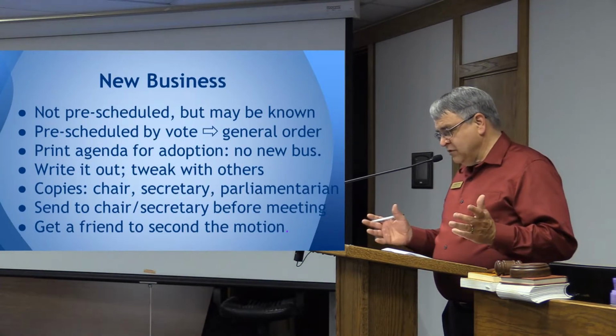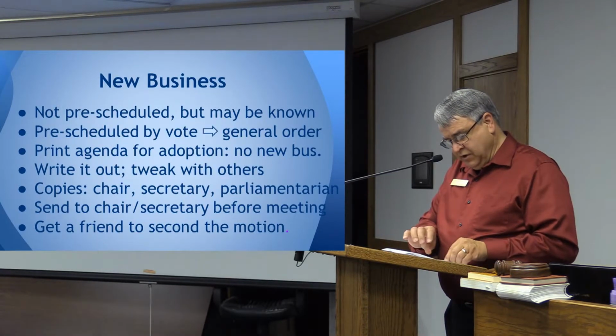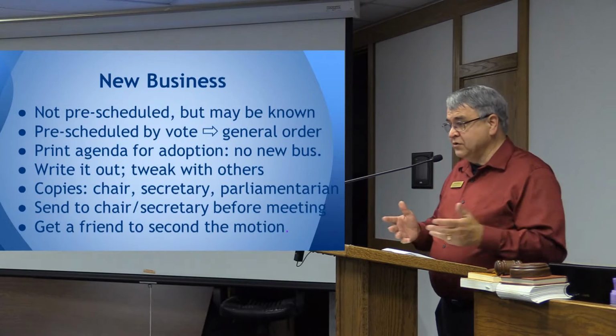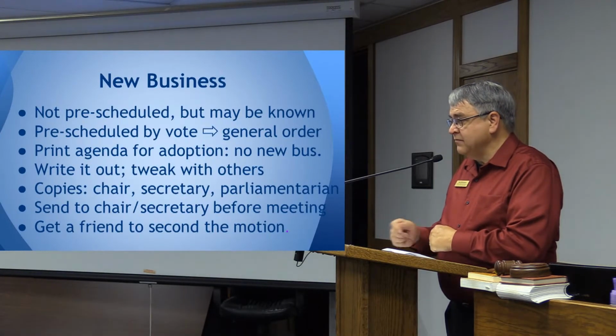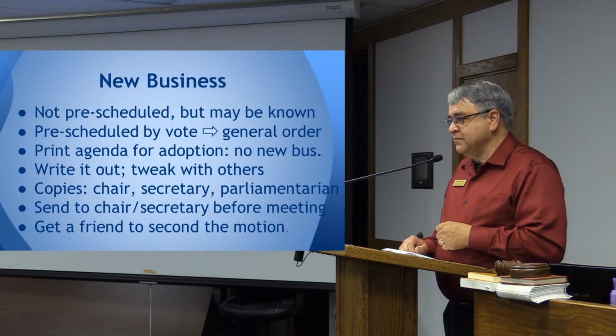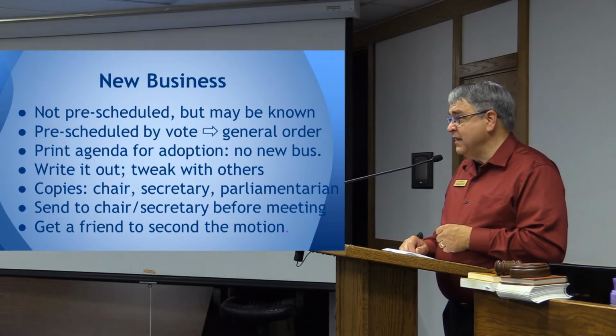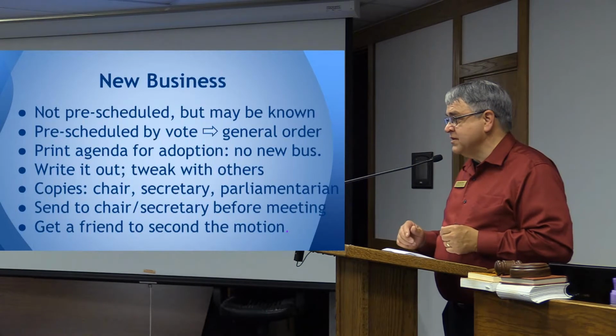It's good to have multiple copies. There are multi-part carbonless paper forms that people can write things out on. Or perhaps using technology, other methods of emailing or texting them to the chair or the secretary or the parliamentarian or the projectionist or whatever, however your system works.